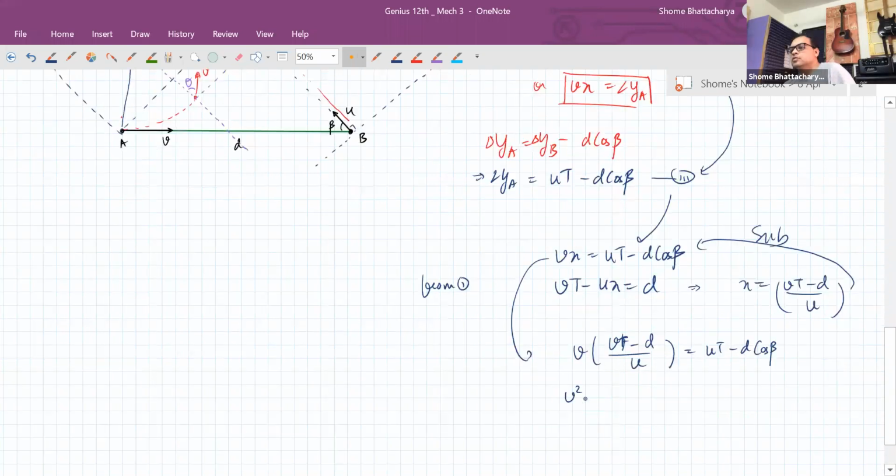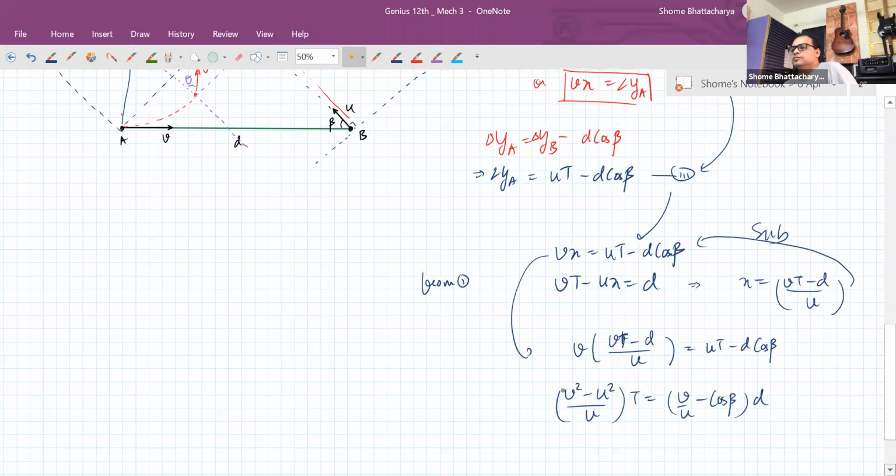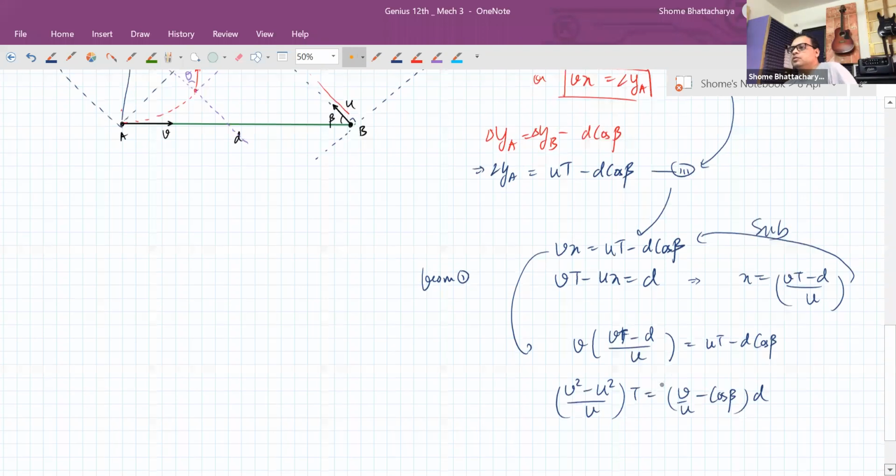So v square plus u square, sorry, v square minus u square, my mistake. v square minus u square by u into capital T will become (v by u minus cos beta) into d. So this time should become T equals that.